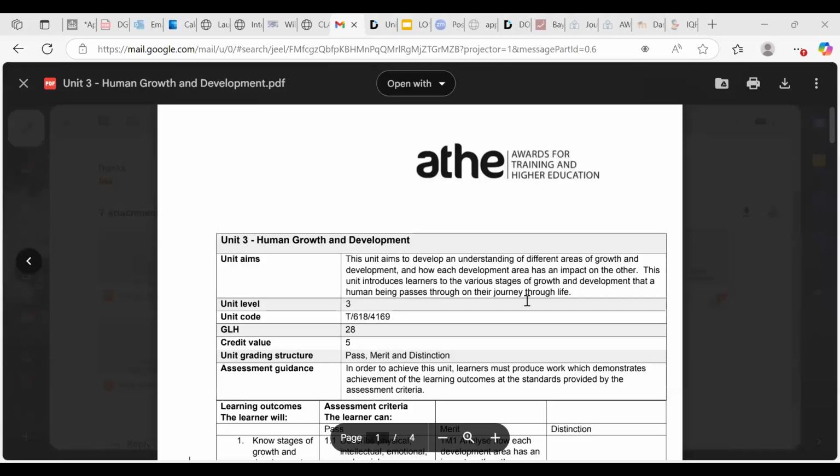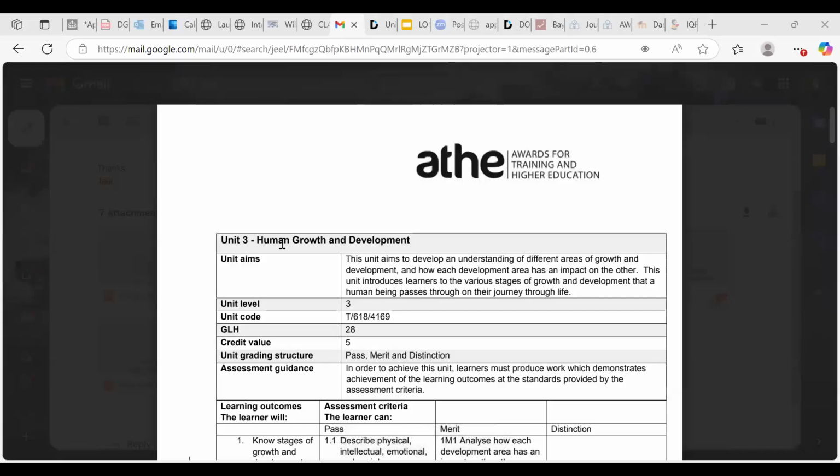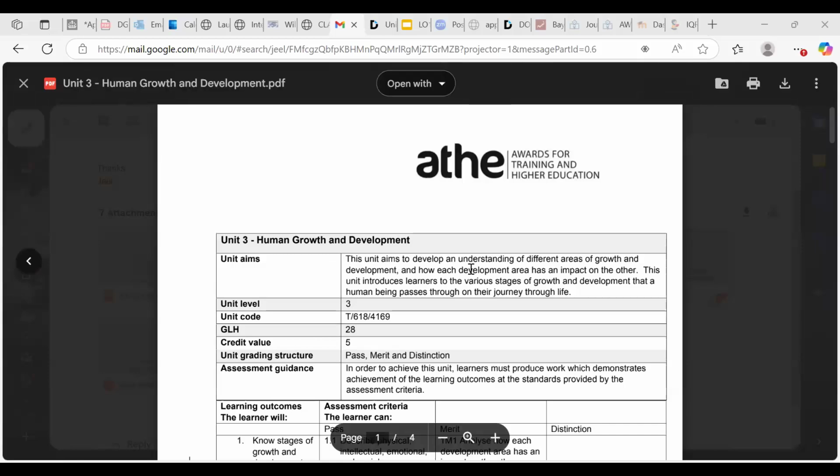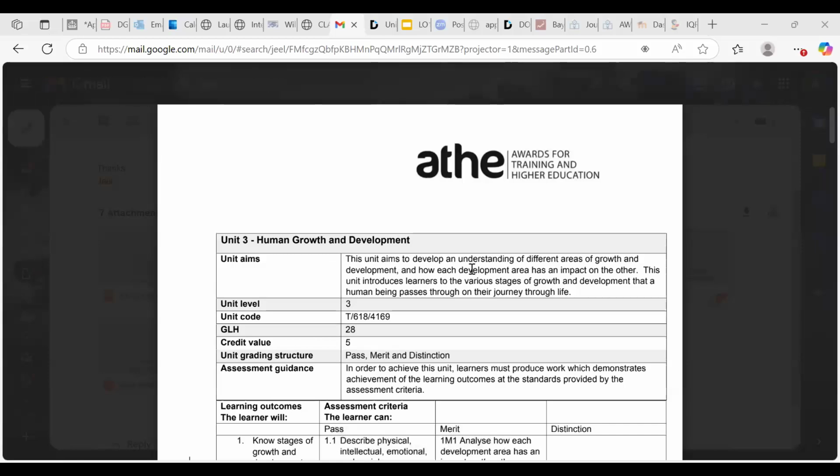Yeah, so just a little introduction of this unit. It's a level 3 unit called Human Growth and Development. We aim through this unit to develop an understanding of the various areas of growth and development and how each development area has an impact on the other. So if one is not working well, what is the impact on the other?